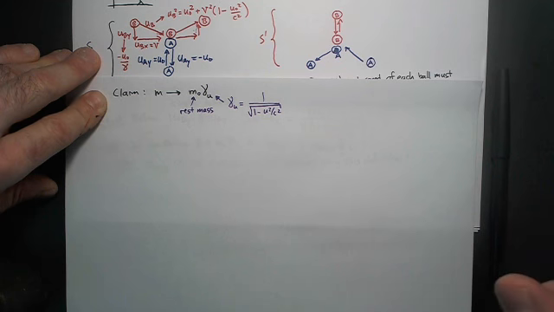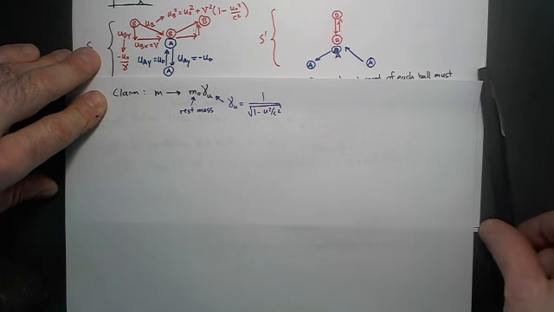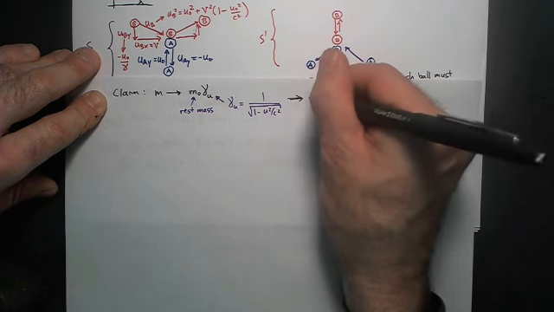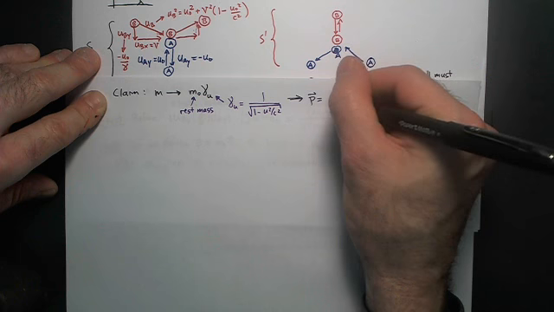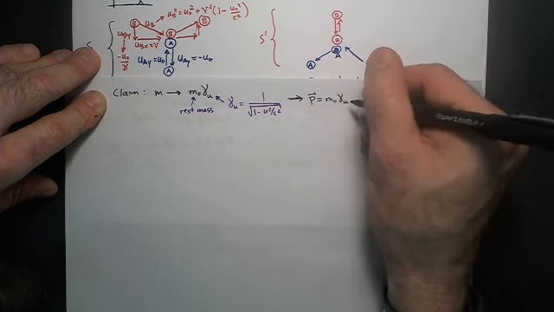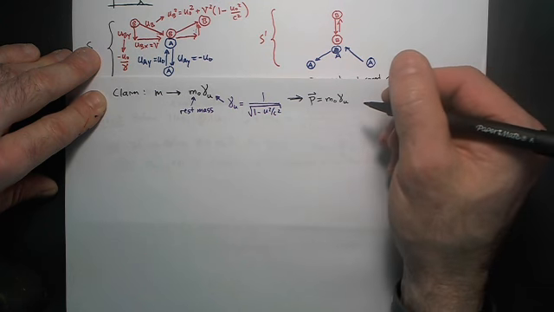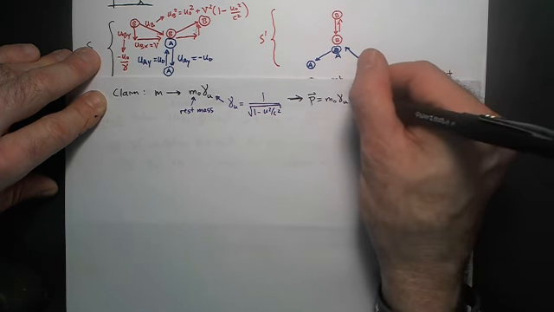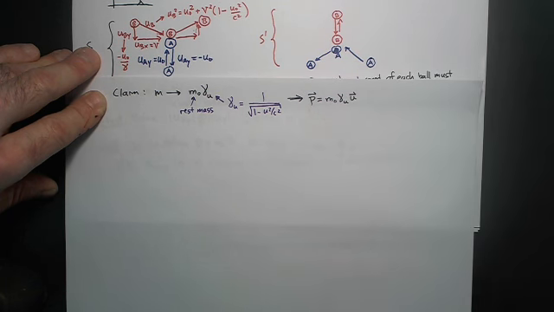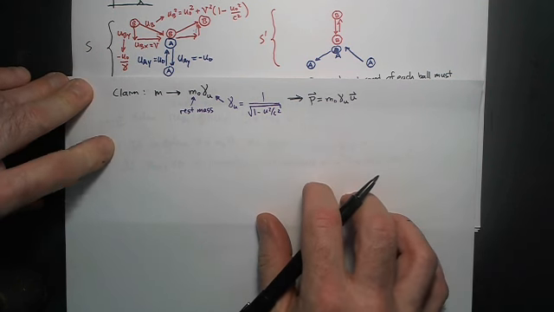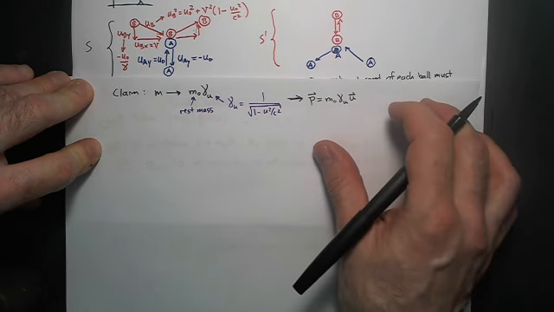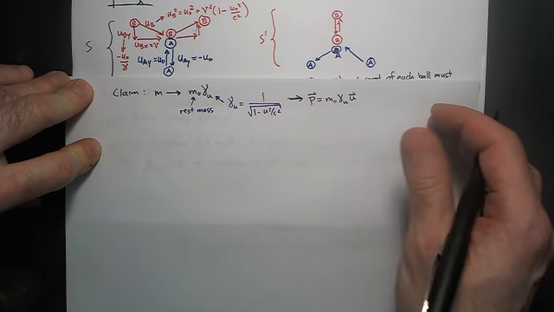So if we use this definition, that means that the momentum, instead of being m naught times u, would be m naught times gamma sub u times vector u. So let's apply this claim to our situation here and see if it allows for momentum to be conserved.